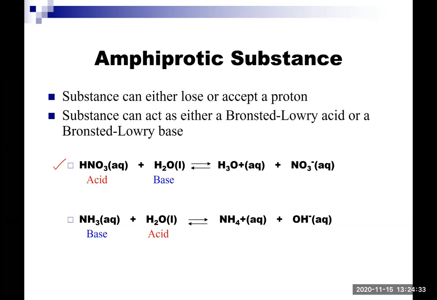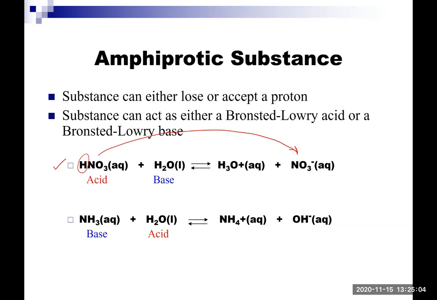Now the nitric acid will form its conjugate in the products. And notice that what happened is the nitric acid formed nitrate in the products, lost or donated this proton right here. And so nitrate has one less proton and is more negatively charged by 1. That's an acid conjugate base pair.